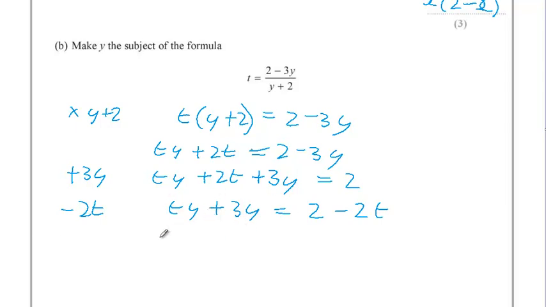We've got a common factor in y. And we've got a common factor in 2 here. Final thing to do to get y on its own is divide both sides by t plus 3.